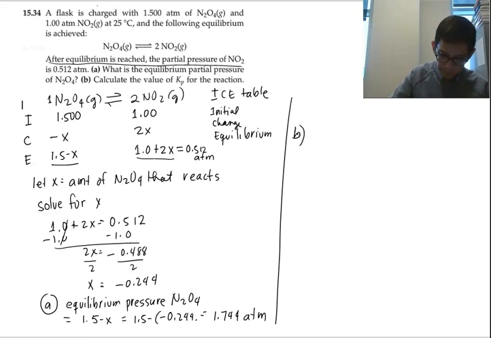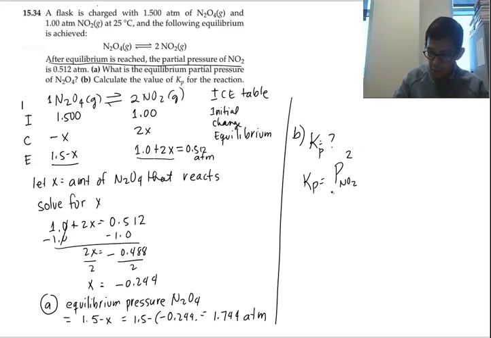And part B, calculate Kp for the reaction. Kp is equal to the partial pressure of the products over the partial pressure of the reactants: NO2 squared, because the coefficient is 2, over the partial pressure of N2O4 raised to 1, because the coefficient is 1.